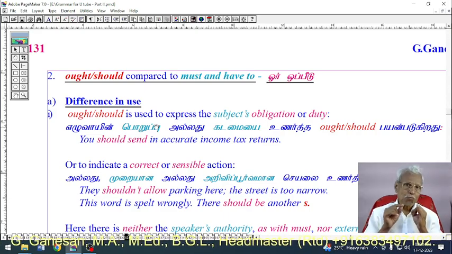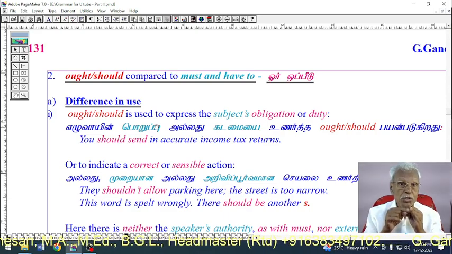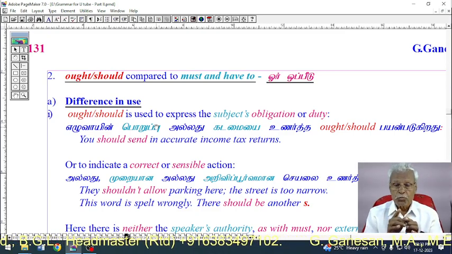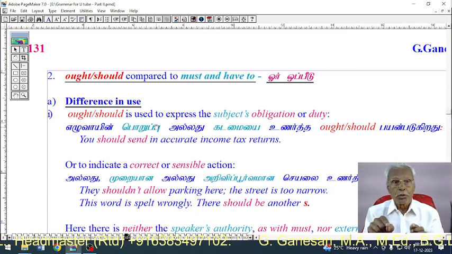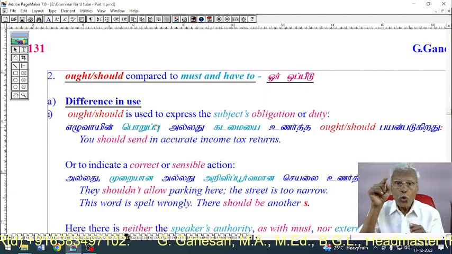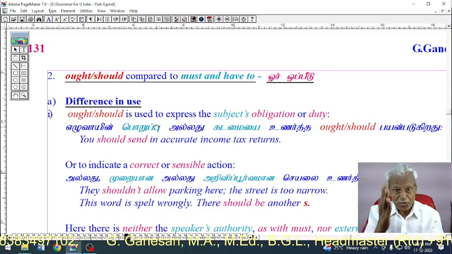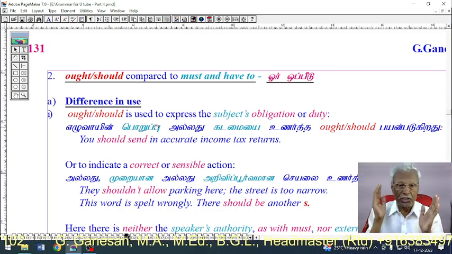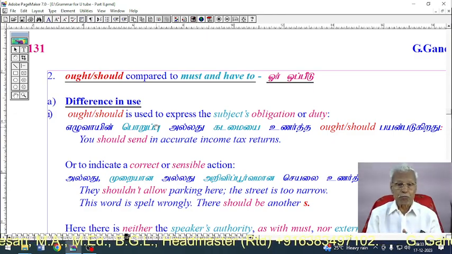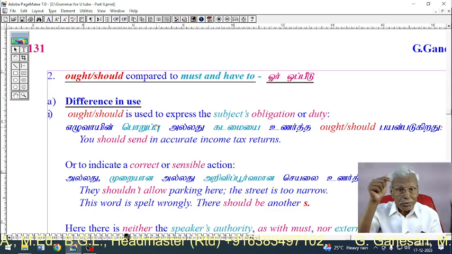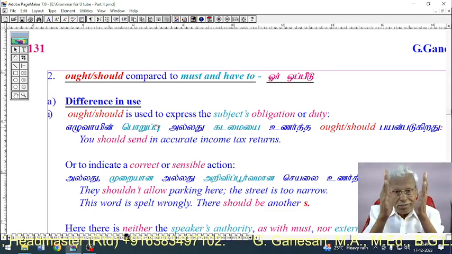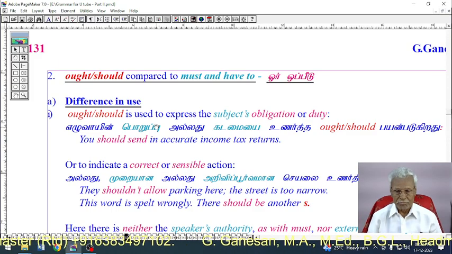Dear students, in the first use we have seen that ought or should is used to express the obligation or duty of the subject, the doer. Don't forget it.